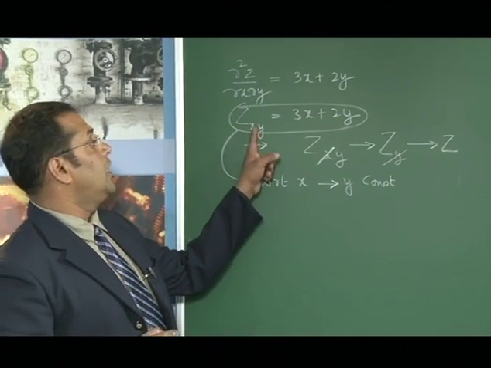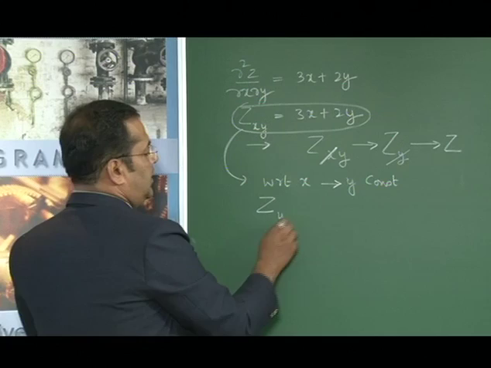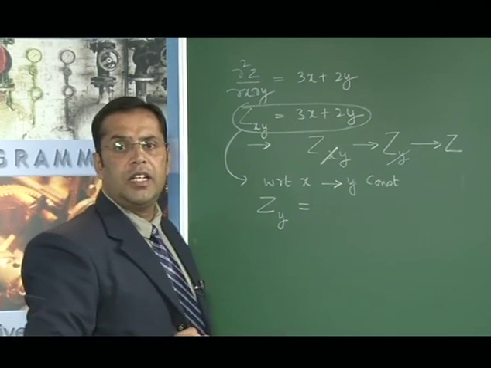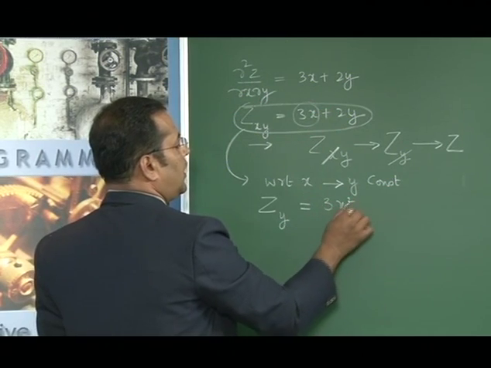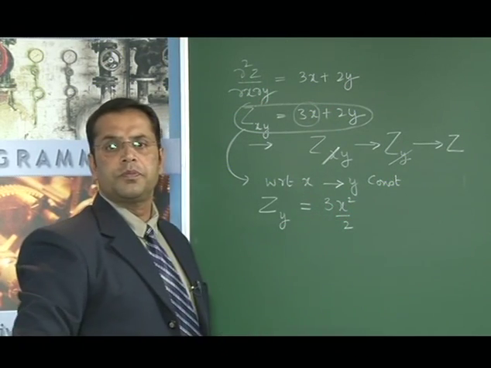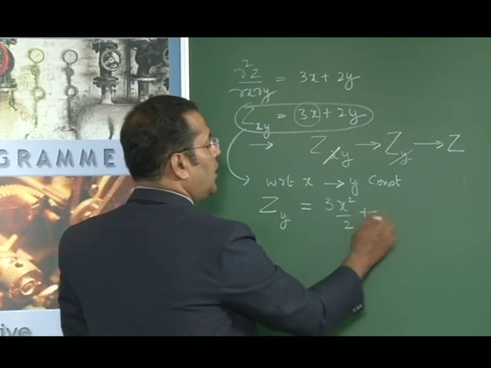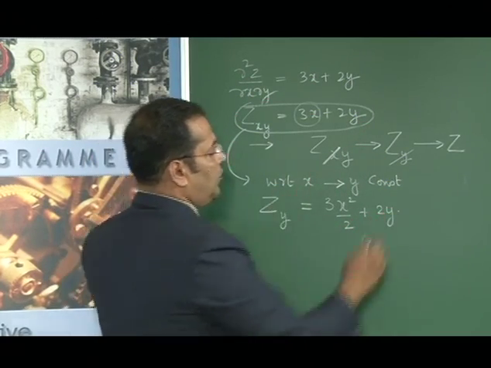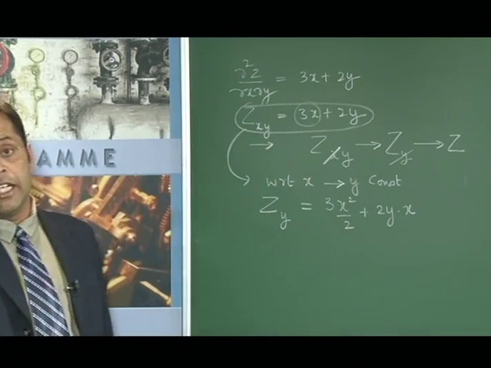So, when you integrate with respect to x, the left hand side z x y changes to z y equal to the integration of 3x with respect to x, which is 3x square by 2. As far as 2 into y is concerned, both are constants. So, it will be 2y into the integration of the remaining 1, which is x. You must integrate all the terms.